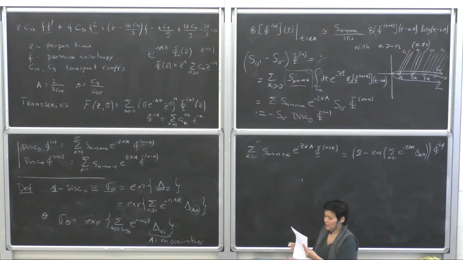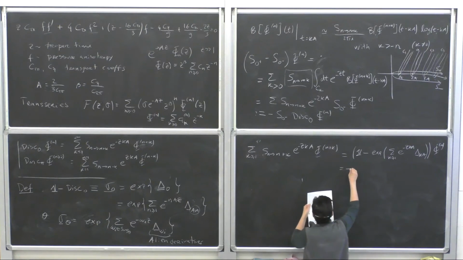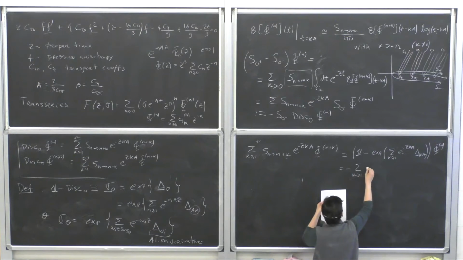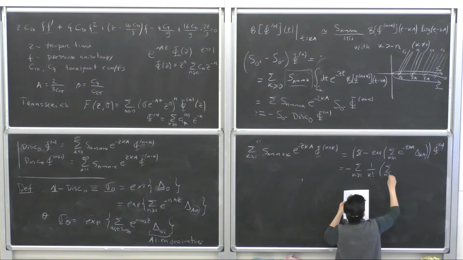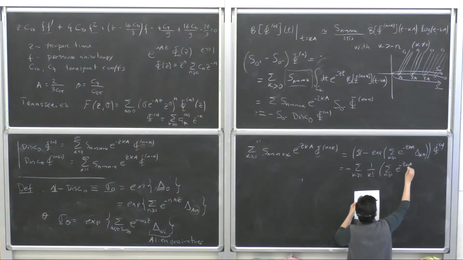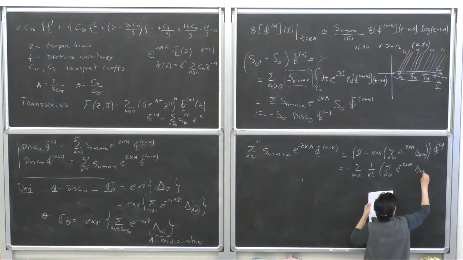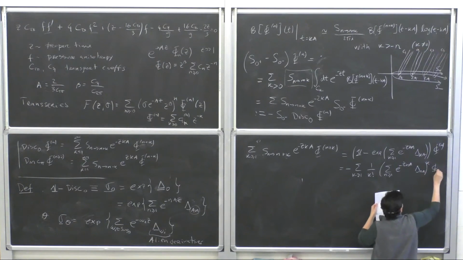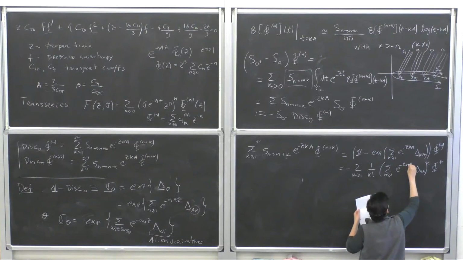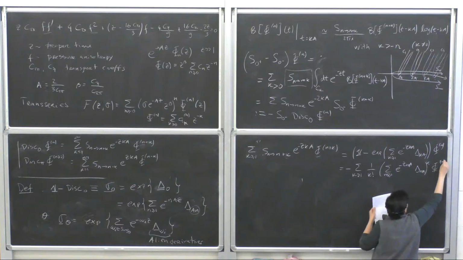I can expand that exponential, and what I get here is minus the sum over k greater or equal than 1 of 1 over k factorial, sum over m greater or equal than 1 e to the minus z m a delta m a to the k, acting on phi, sorry, let's use here phi m, acting on phi n.